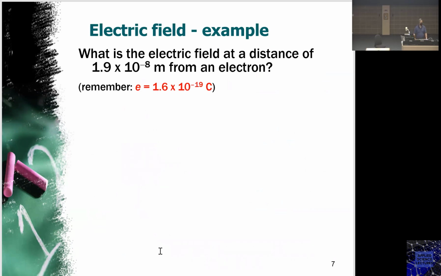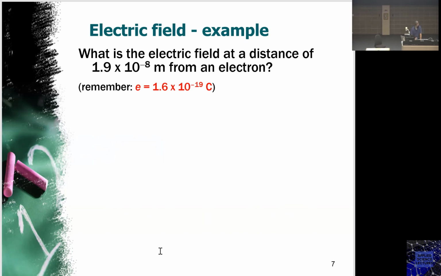So let's do this example to understand how to calculate the electric field more. What is the electric field at a distance 1.9 × 10^-8 meter from an electron?